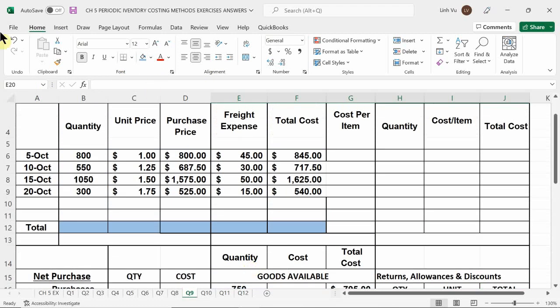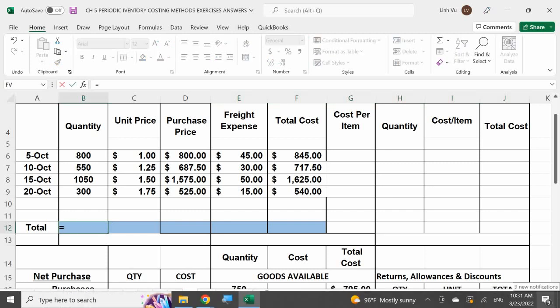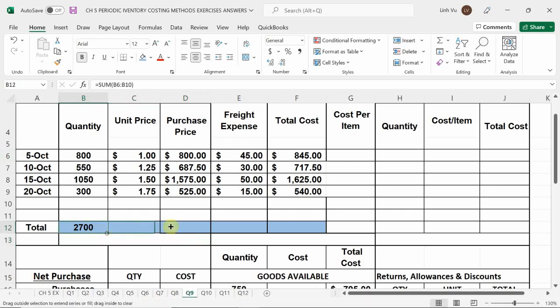Okay, so in this case, what was the grand total amount of units that I purchased? 2,700. Okay, at a grand total purchase price of $3,587.50. What was the total amount of freight? 140. Giving you a grand total of $3,727.50.